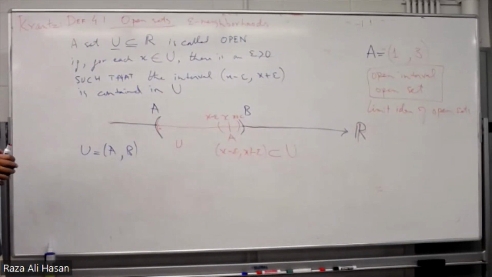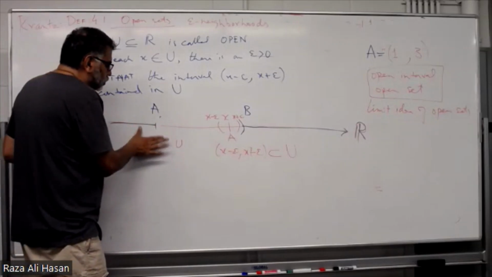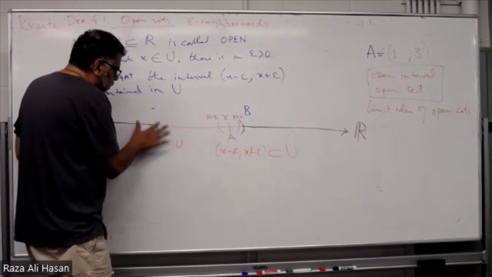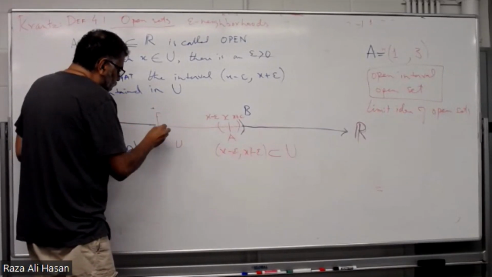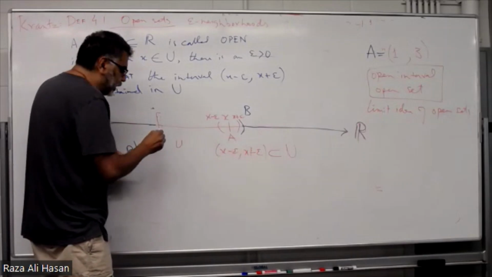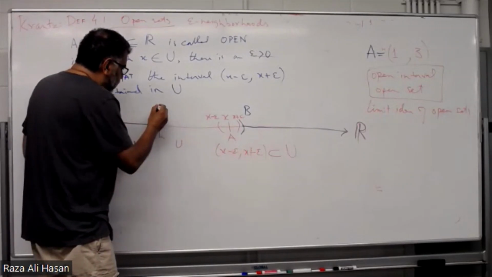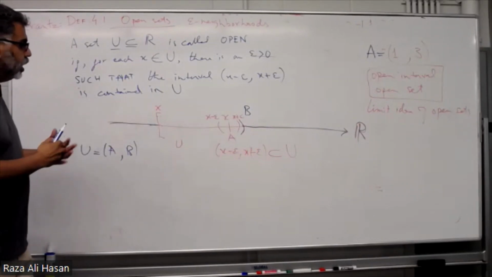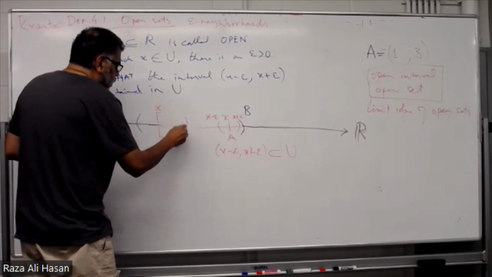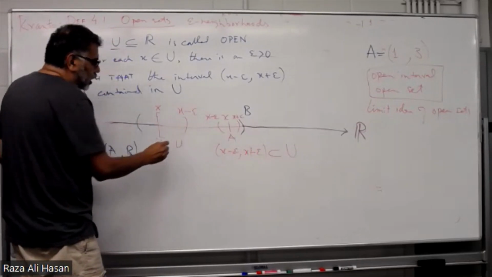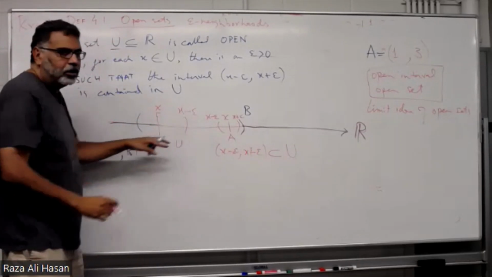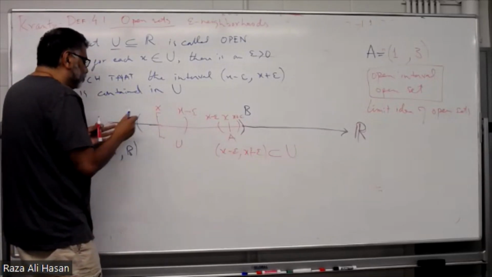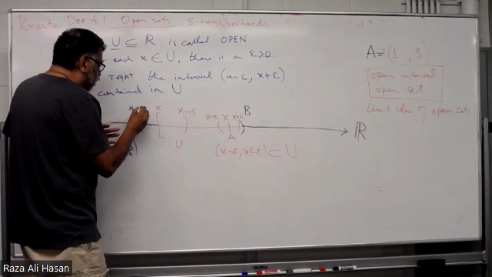If it was a closed set, then your A and your B. So let's see, in this case, this is a half open set, right? And here, let's say this is our X. You can't do X minus epsilon, because however small the epsilon you make, it's going to contain points outside the set. So you will have this problem right here.